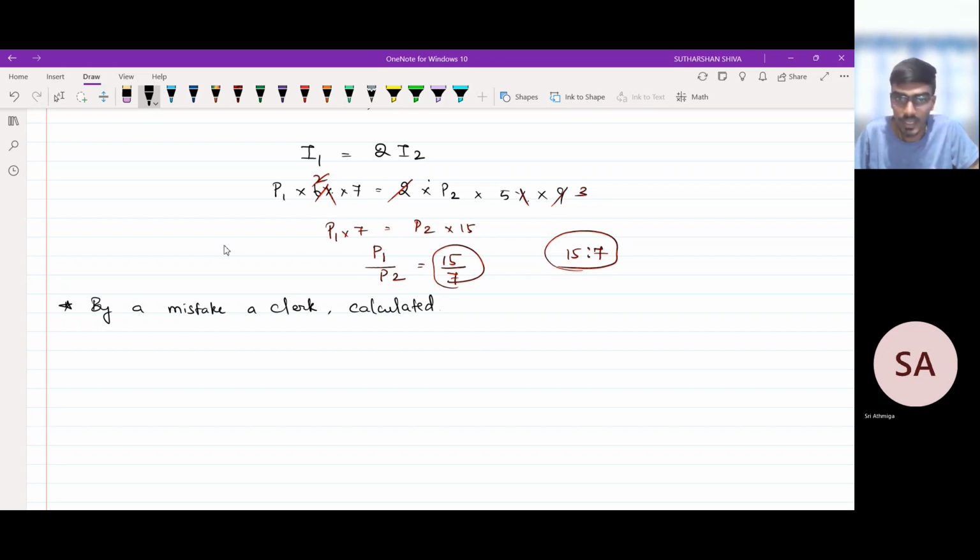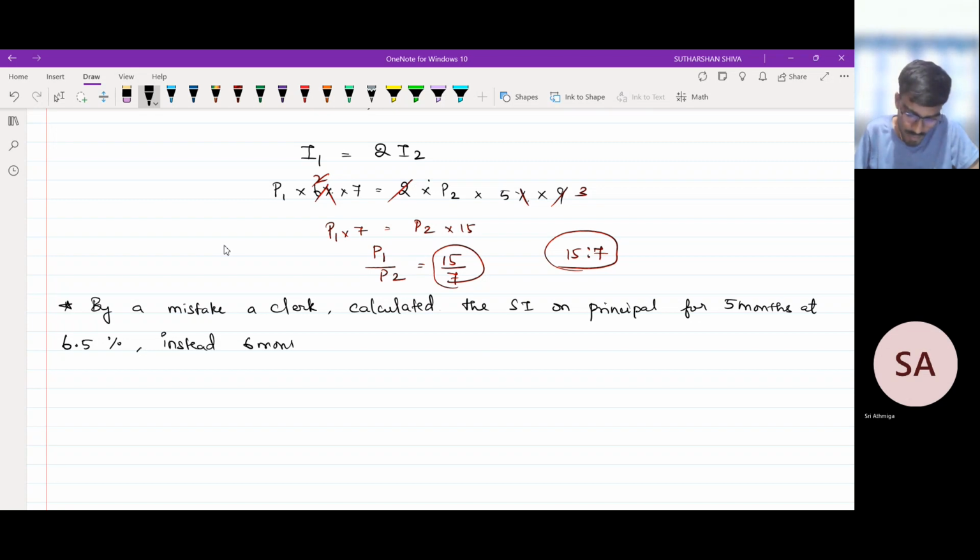So they calculated the simple interest on a principal for 5 months at 6.5% interest, instead of what they wanted, which was 6 months at 5% interest.